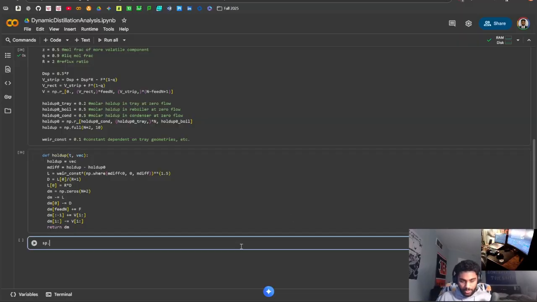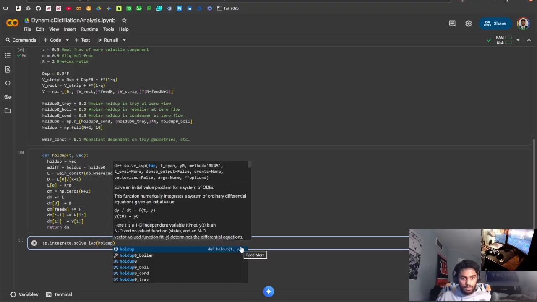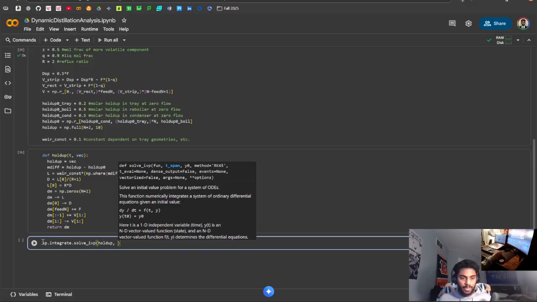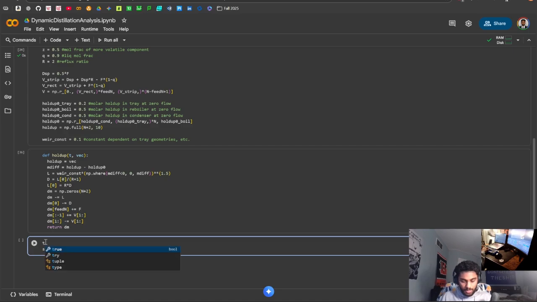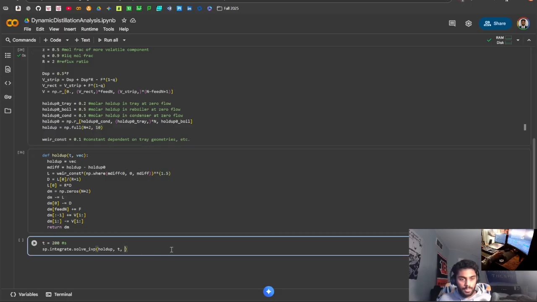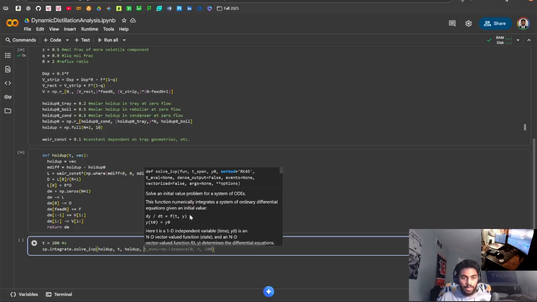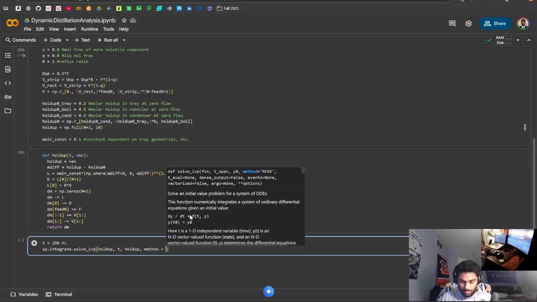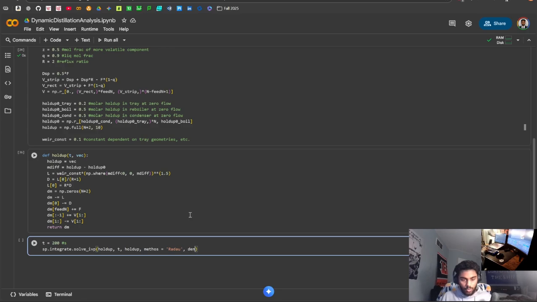We go into our SciPy integrate library, .solve_ivp. We use our holdup function over a time span, so we'll say t is equal to 200, and this is in seconds. Our y0 is going to be this initial holdup. We take the method as read out, and switch dense output to true.